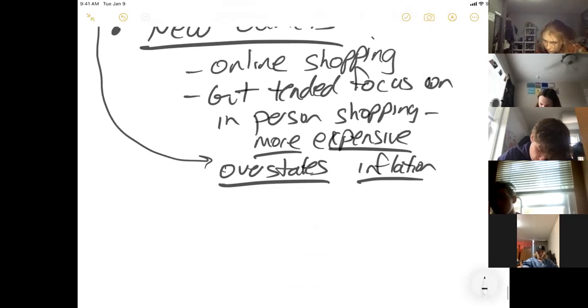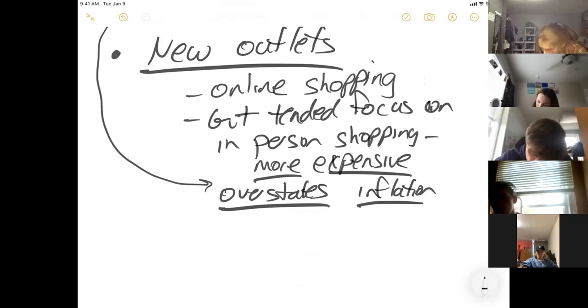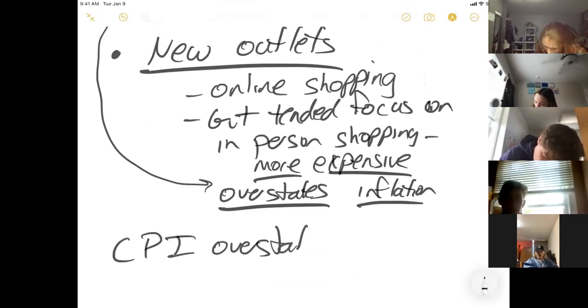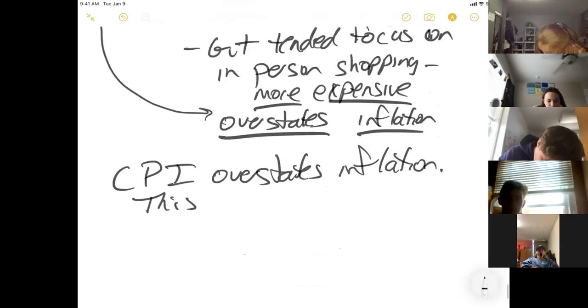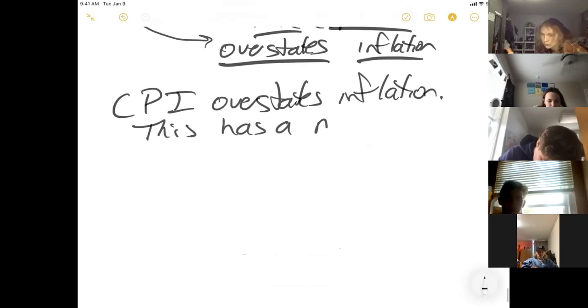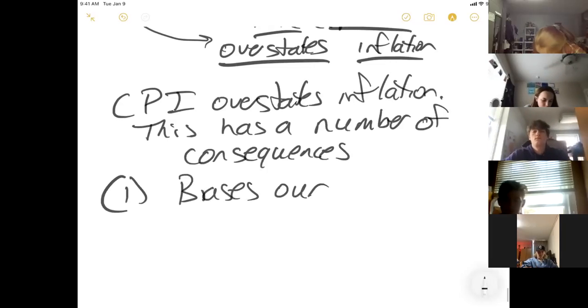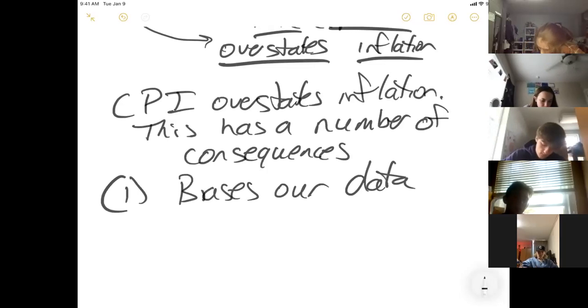Okay. Now, why am I making such a big deal about this? Well, because it is a big deal. From an economist's point of view, it's a big deal because it biases our data, right?